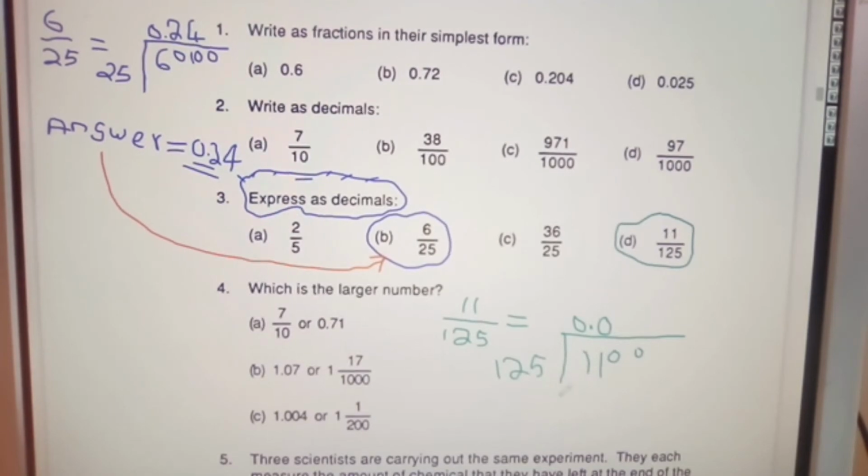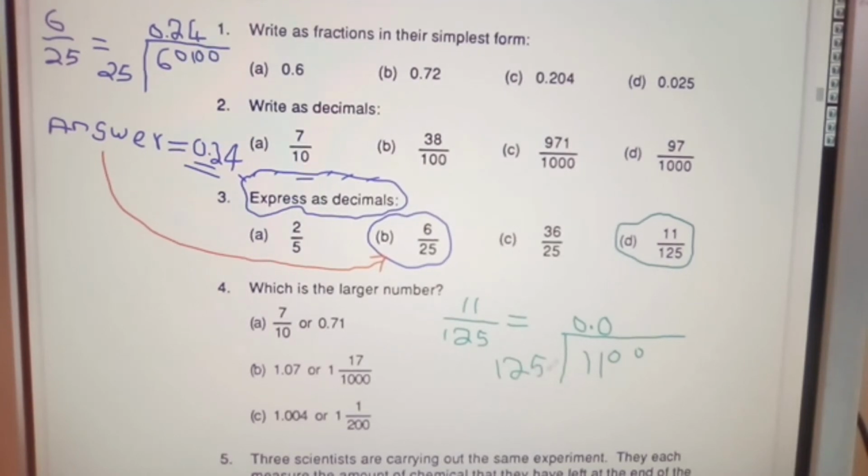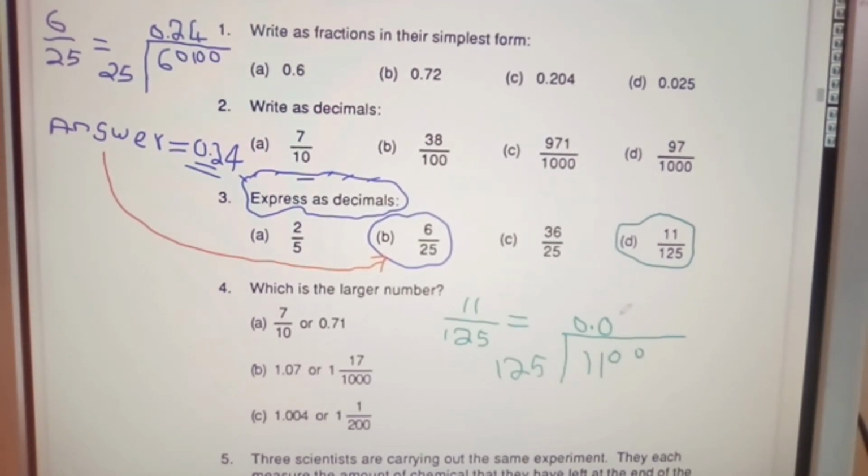So I would say, let's say 8 times. Okay, so 125 into 1100 would go 8 times. And we know that because we can then multiply 125 by 8 and it will give us 1000. So we know 8 goes here. Okay.